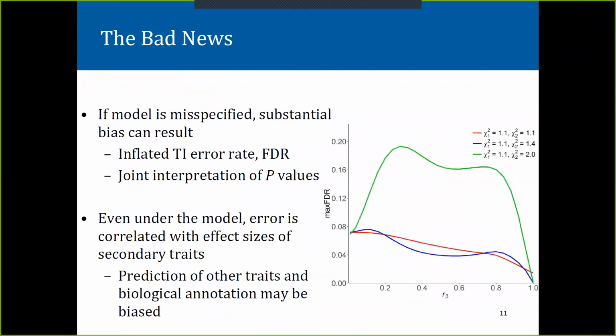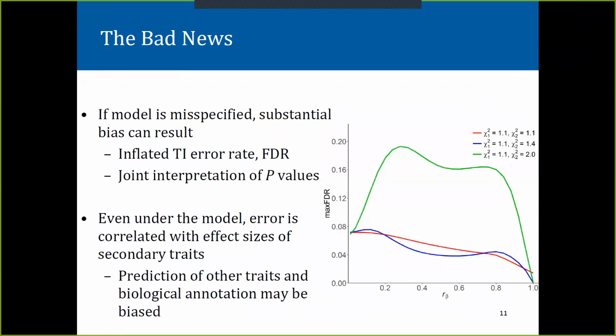As a result, if you apply MTAG and then you want to predict traits other than its own trait, so let's say that we've done MTAG and we have a predictor of schizophrenia, and then we want to see if the polygenic score for schizophrenia predicts other traits, we might sometimes get false signals because the residual. Let's say that we jointly analyzed it with, I probably should have chosen an outcome that I know more about than psychiatric outcomes.